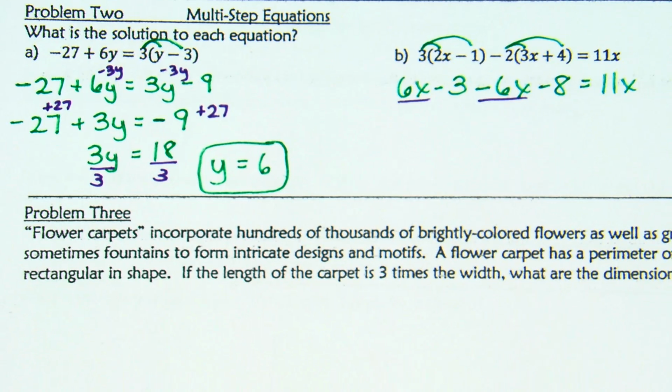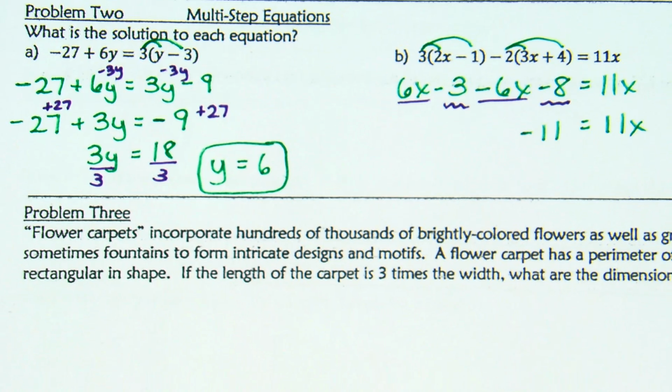We add them and keep the sign. So negative 11. This problem actually worked out simpler than it looked, right? And x. How do I solve for x? Divide by 11. If it's 11 times x, divide by 11. And x equals negative 1. x equals negative 1.